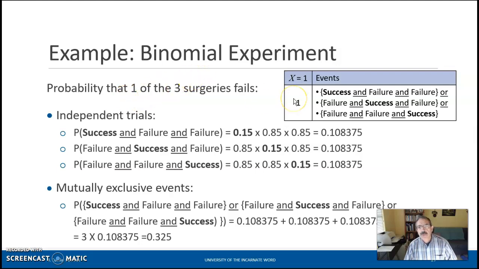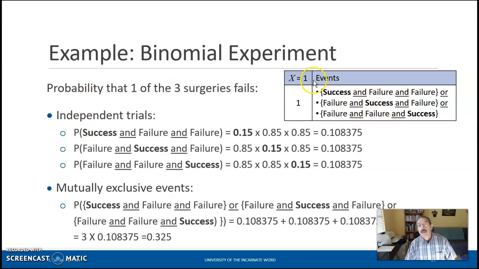Let's calculate the probability that the random variable will take on the value of 1. That means there are 3 possible sequences: success and failure and failure, failure and success and failure, and failure, failure and success. We could have either this sequence or this sequence or this sequence.